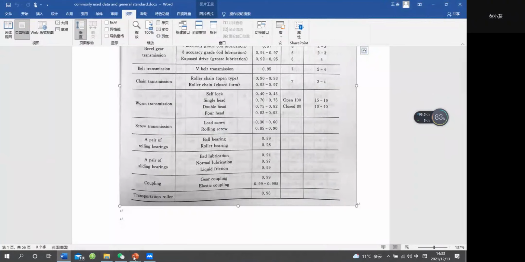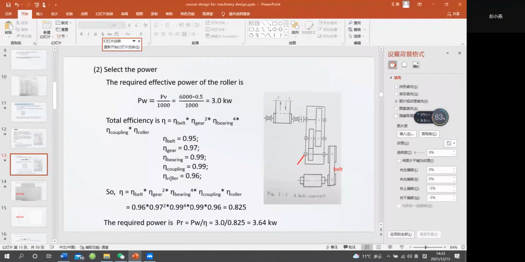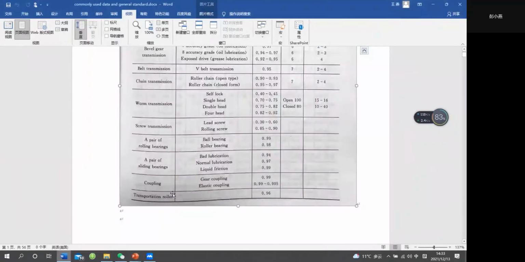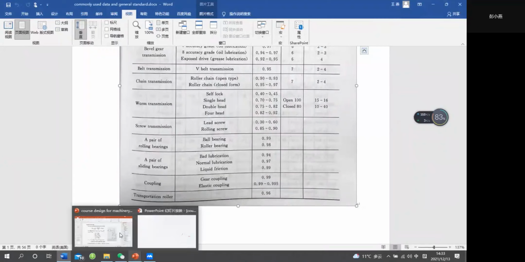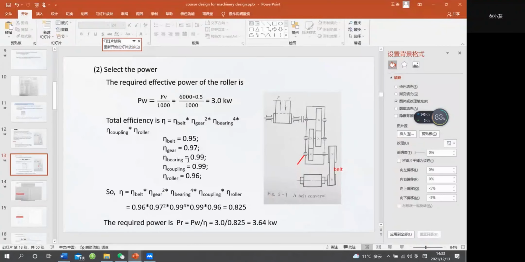And for the roller, it's 0.96. So we use the efficiency of transmission parts, and then we calculate the total efficiency.